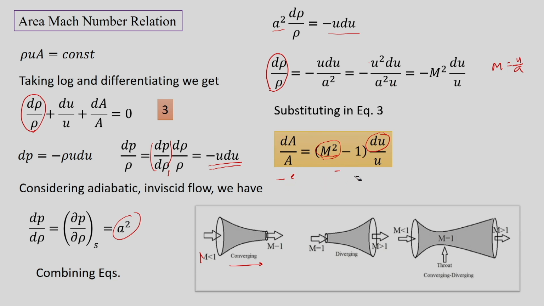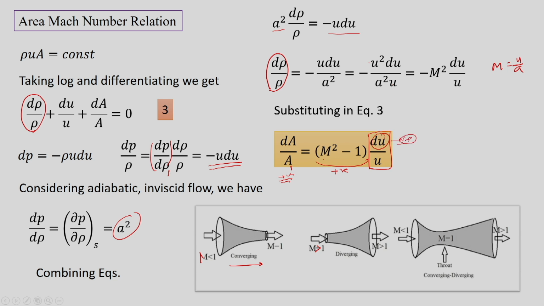Now let us take an example of supersonic flows, or a diverging section. In the case of a diverging section like this, let us say the Mach number at the inlet is more than 1, so the Mach number at the outlet is more than 1. So this term will be positive. Now if dA by A is a positive number, then this term also needs to be positive. So this term will be positive if du is positive.